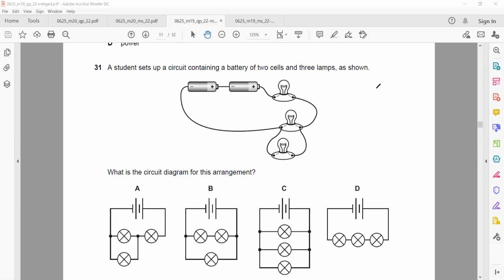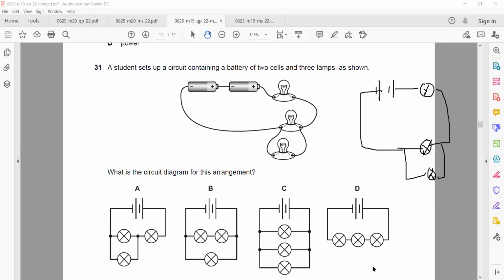First I have a cell, then also a cell, which makes a battery. This is connected to a lamp, and the other side of the lamp is connected to another lamp, and there's another lamp in parallel, and then the circuit is complete. So it means the two lamps are in parallel and the one next to them is in series.